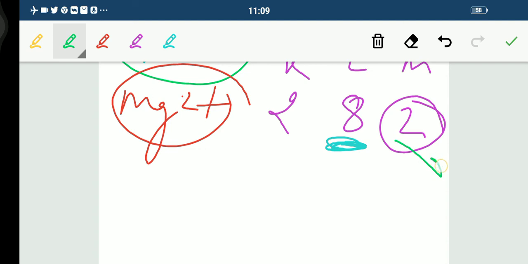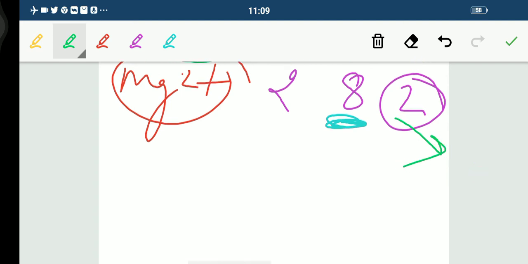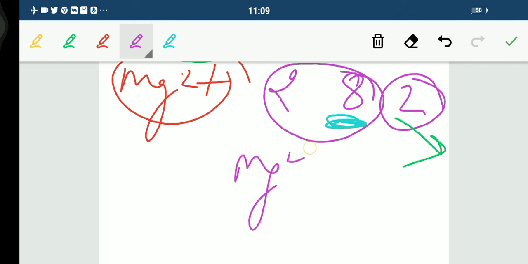By removing the 2 electrons from the outermost shell. Okay students, so it will lose 2 electrons from its outermost shell in order to have the stable configuration. So here it becomes Mg2 positive. Why positive? Because it is losing the electrons. It is doing a positive thing. It is giving to someone.